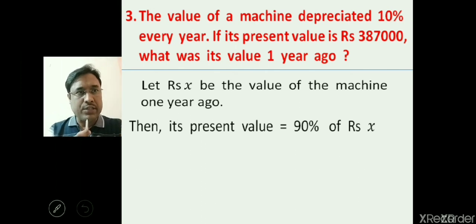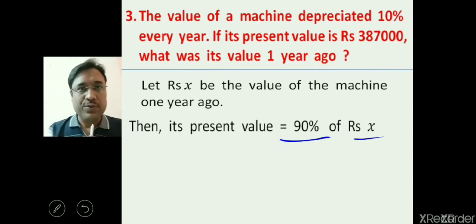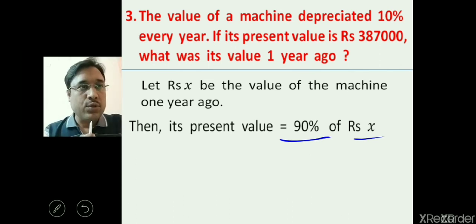Now it is only 90% of its previous value, and the previous value is X, which we have assumed. So the present value is 90% of X.